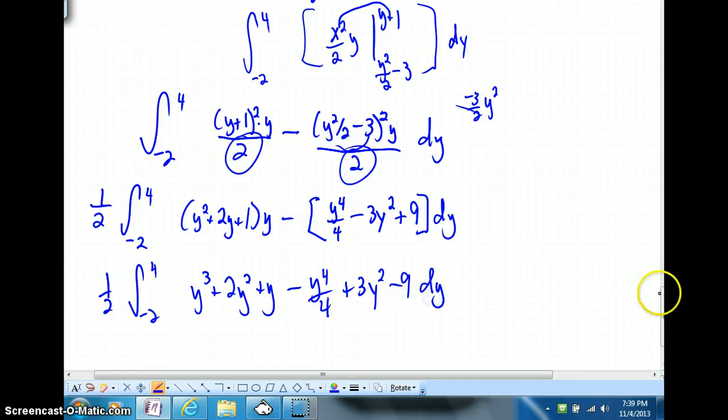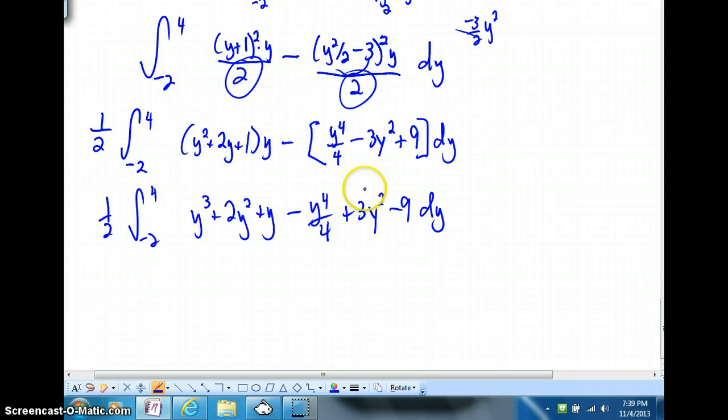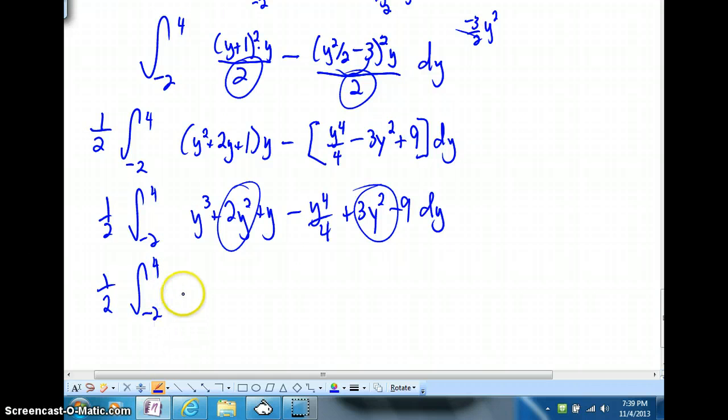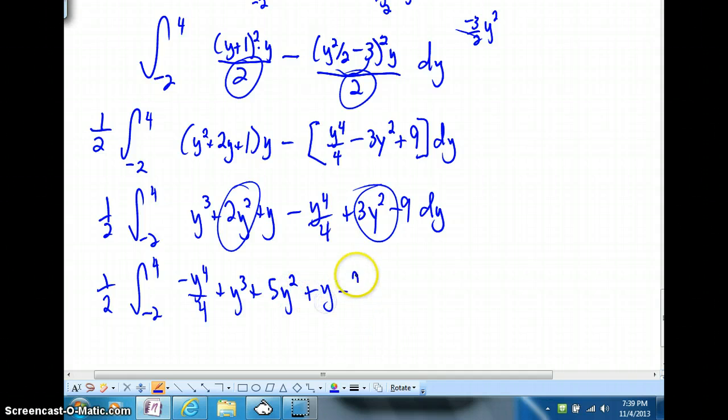And of course, just cleaning this up a little bit, I hope you can see that our y squareds may combine into 1. And if you want to write your leading term first, you certainly can. This would be negative y to the 4th over 4 plus y to the 3rd plus 5y squared plus y, and then minus 9.